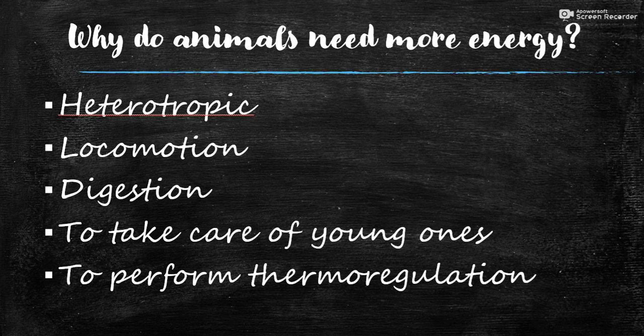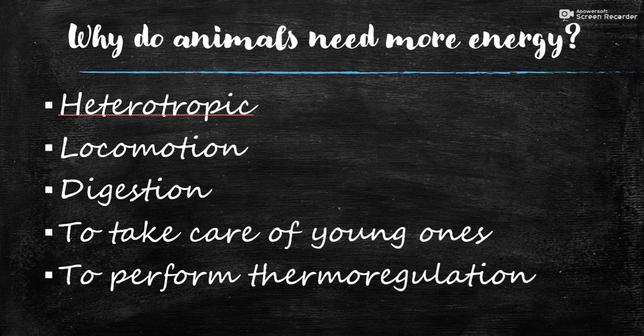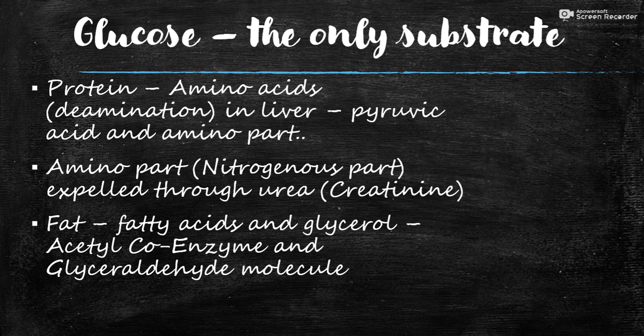And then you need to know why we need energy, and why animals need more energy, and whether glucose has any alternate for respiration. Yes, even though we are saying glucose is the only substrate, the other elements like protein and fat will also be converted into simpler molecules, which will later join the same pathway as glucose.